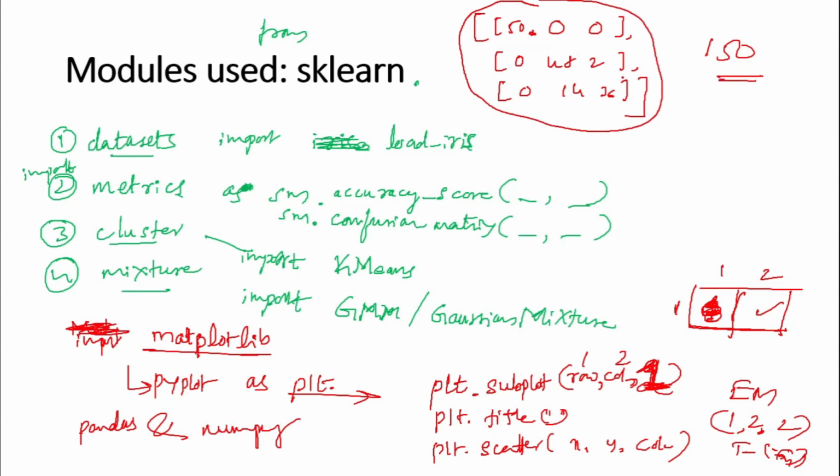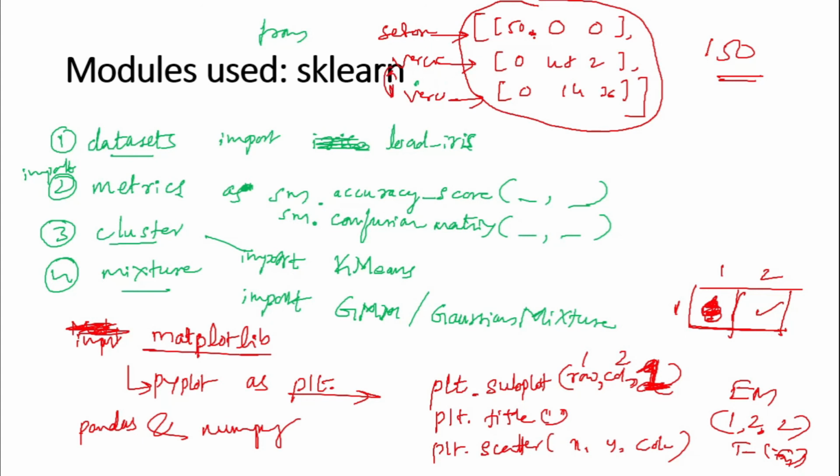That means the different categories of flowers are distributed, correctly classified and misclassified, into different categories. I'll tell you how. This is the first row, this is the second row, this is the third row. This is setosa, this is virginica, this is versicolor, or vice versa.